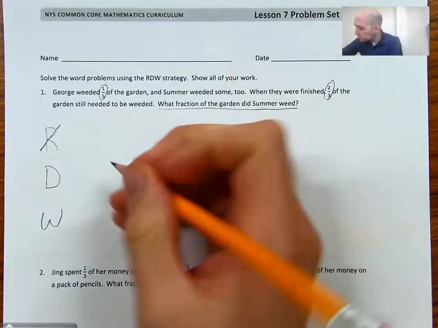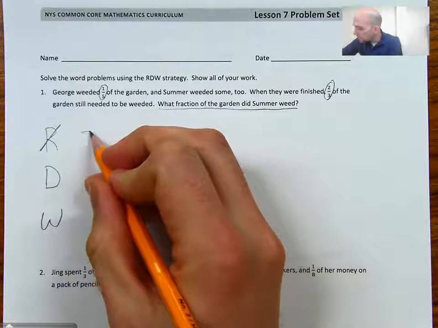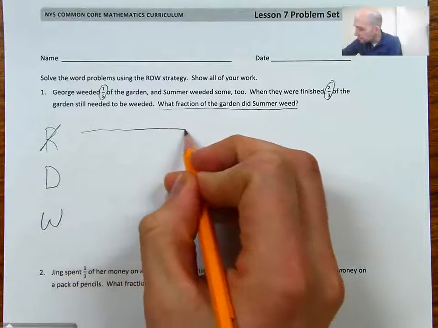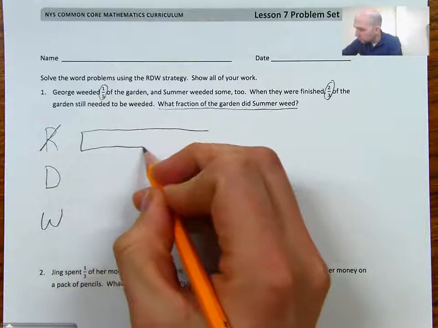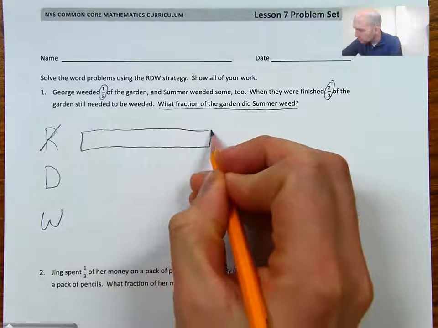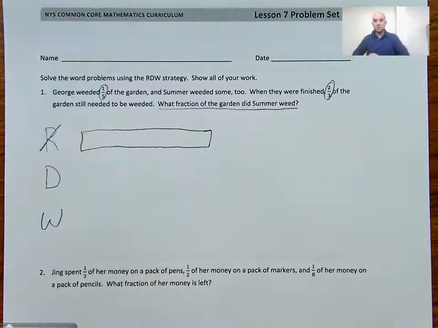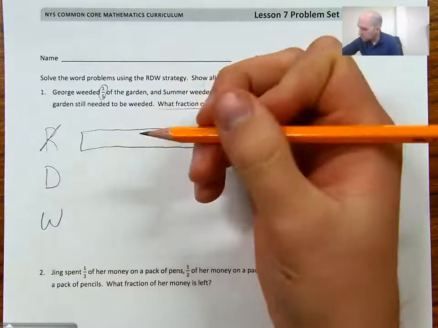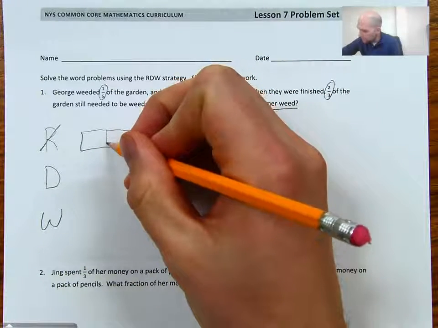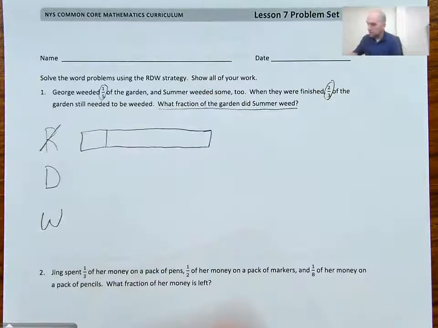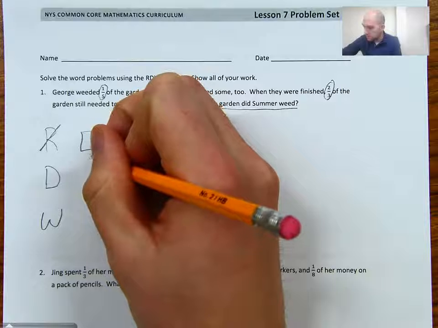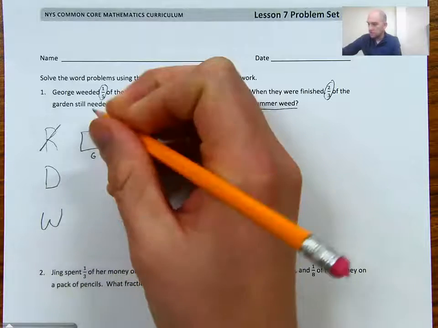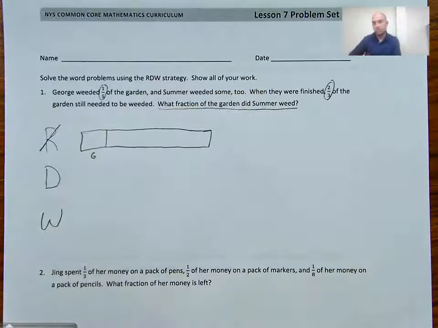Next, I'm going to draw a tape diagram. My tape diagram is going to represent the whole garden. How much of the garden needs to be weeded? First, I'm going to section off 1/5 of my garden, and underneath it I'm going to put a G. This is the section that George weeded.